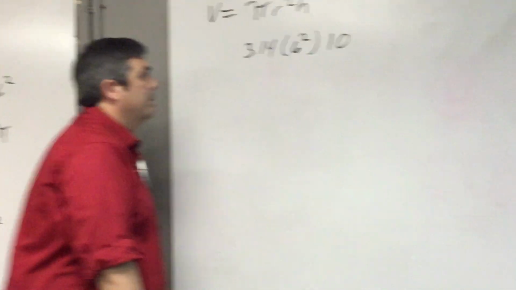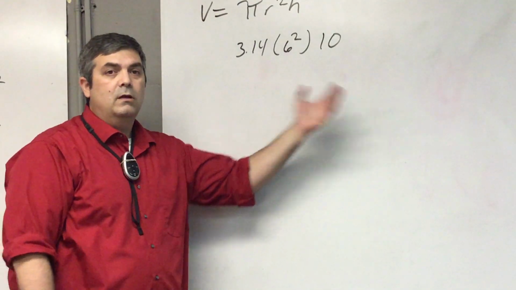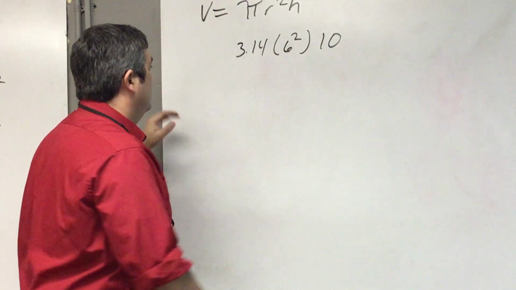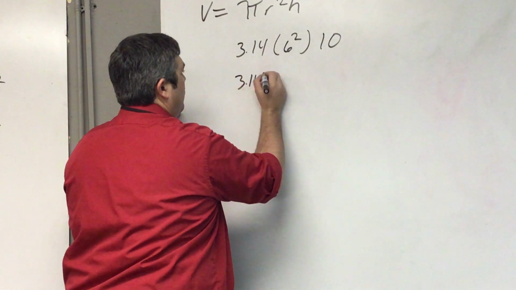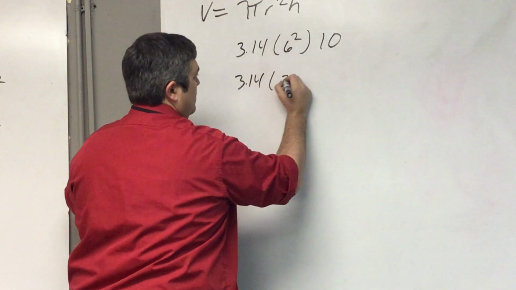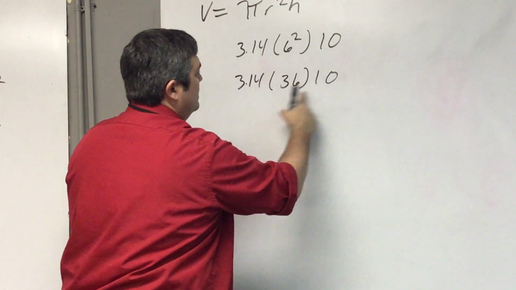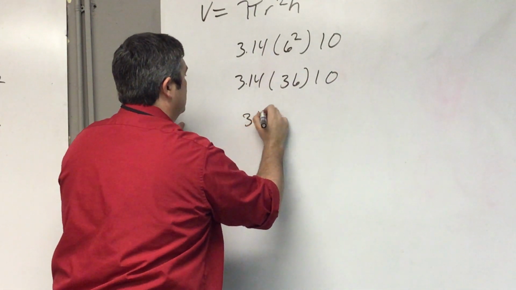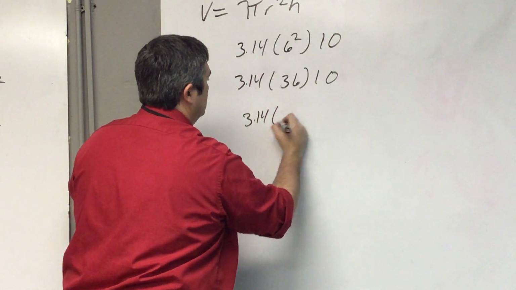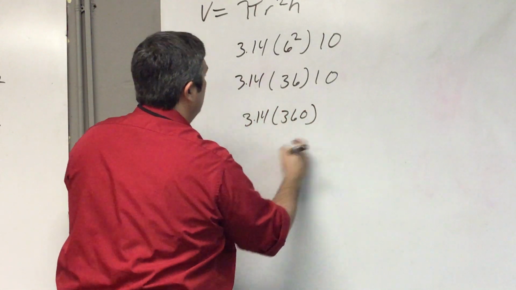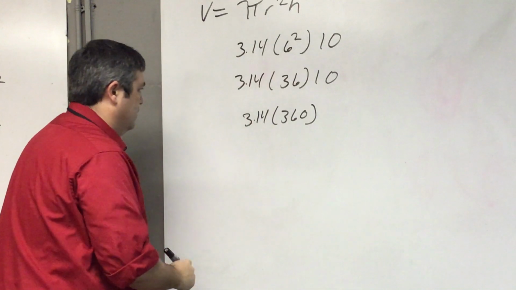Okay, so now I have it all substituted, and all I have to do is start putting it together. So 3.14 times 36 times 10. I'm going to go ahead and do this multiplication to make it a little bit easier. Times 360.